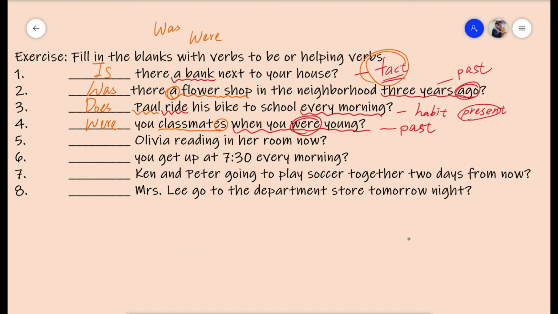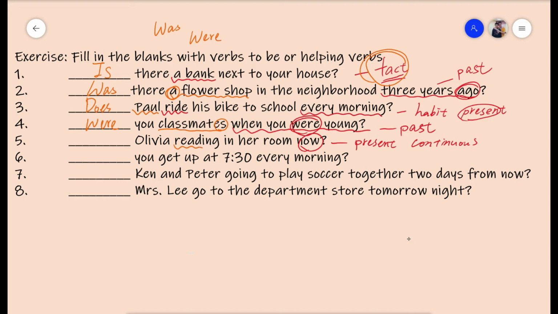Okay. Now the next one, number 5, Olivia reading in her room now. The time marker at the end is now. When you see this, you know this is present continuous tense. Okay. Now we have to use a be verb, a verb to be, with a verb with ing. Let's look for the verb over here.